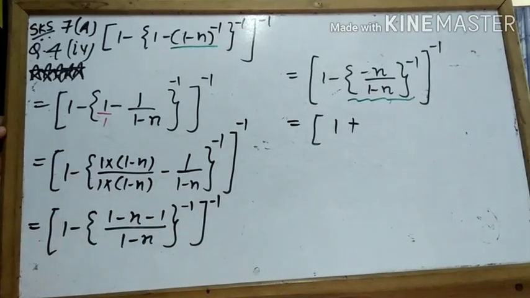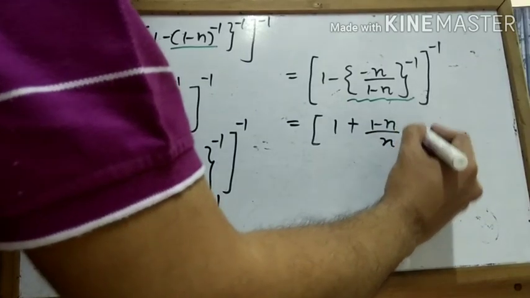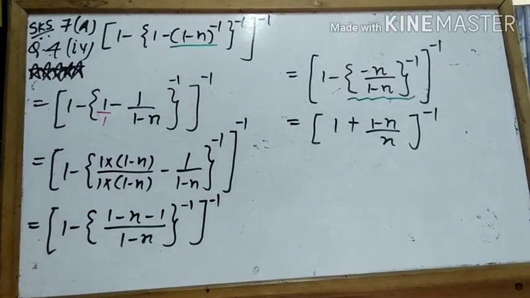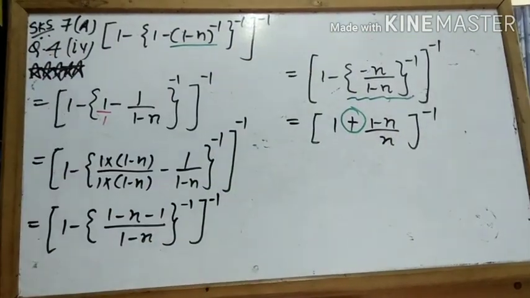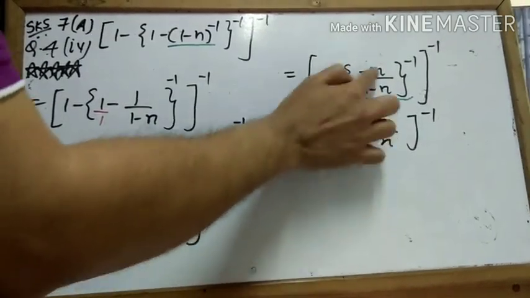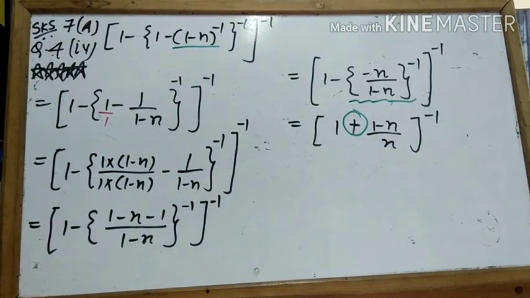So this will be 1 plus 1 minus n over n. This is a very important step I am talking about. Why has this suddenly become plus? Many kids ask me, negative into negative is positive. Sir, then why have you reversed the ratio? Like, you took the numerator up and the denominator down.